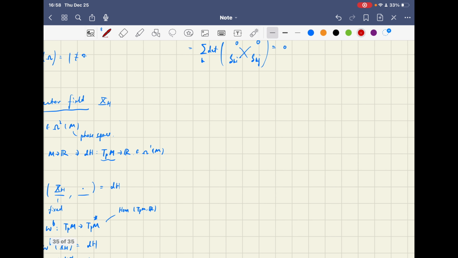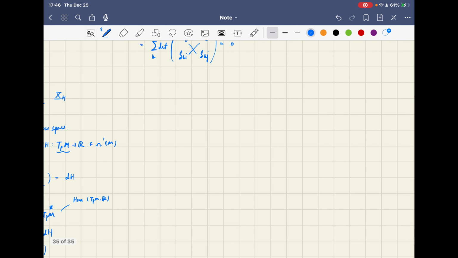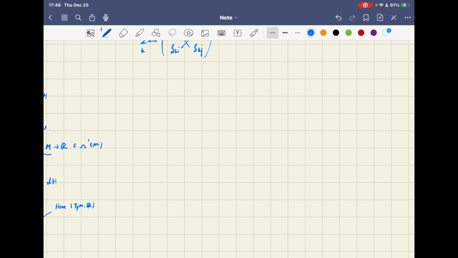Okay, let's now move on to the second requirement, closed, and see how it is useful. Before we talk about that, I'd like to first introduce a very important concept in differential geometry, which is called the Lie derivative. The Lie derivative is defined as follows.